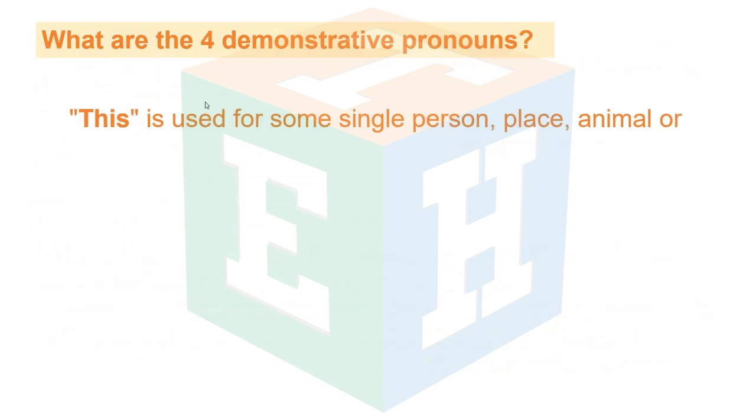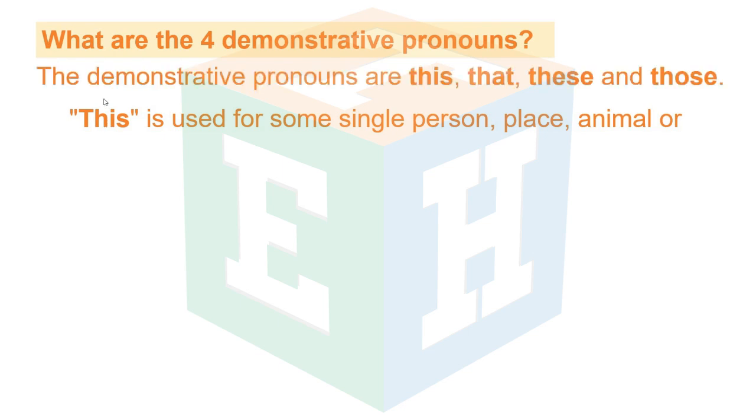What are the 4 demonstrative pronouns? The demonstrative pronouns are this, that, these, and those. This is used for a single person, place, animal, or object located near.